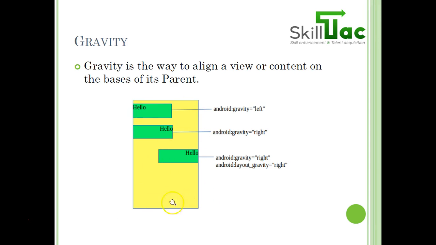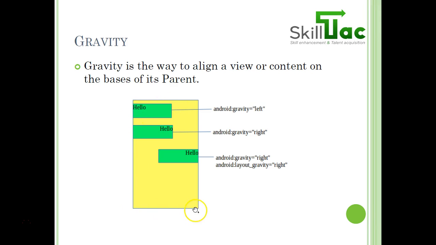So if we see this diagram here, we have a view and here we have assigned the gravity property as left. So here you can see gravity is equal to left, that means the property value is left. So this is aligned to the top left.